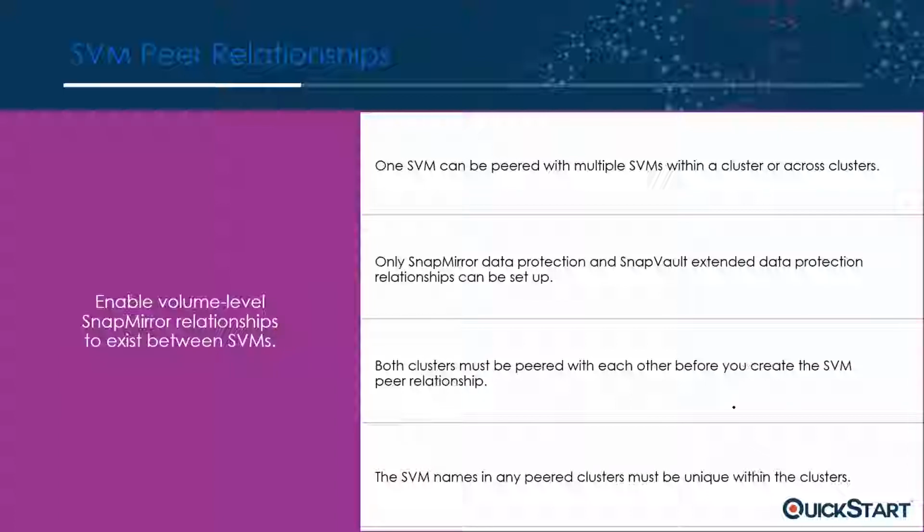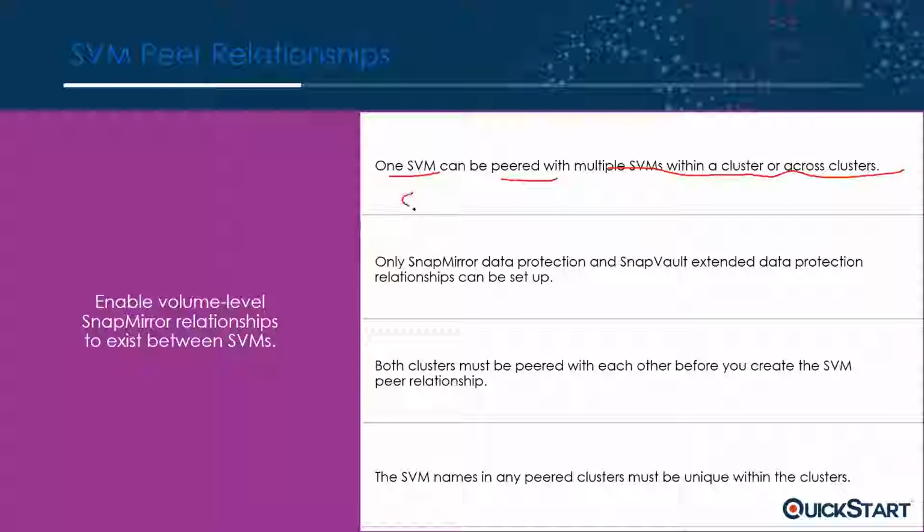Thank you. Okay. Now some more considerations. Like I mentioned, this topic is endless. Even if we want to, we cannot cover the whole topic in depth, but I'll try to pick up some important key features. When it comes to setting up a mirror relationship, be careful that one SVM can be peered with multiple SVMs within a cluster or across clusters.